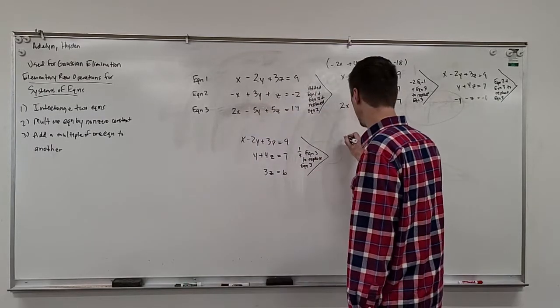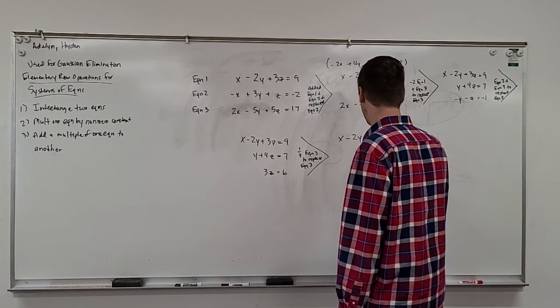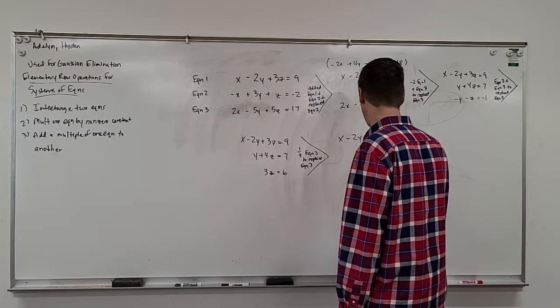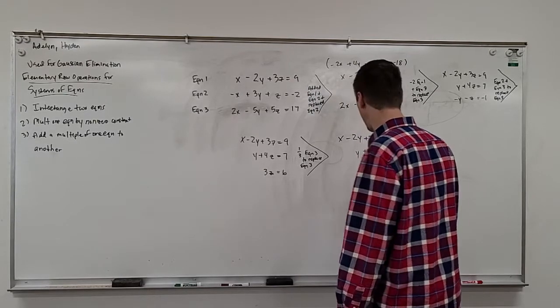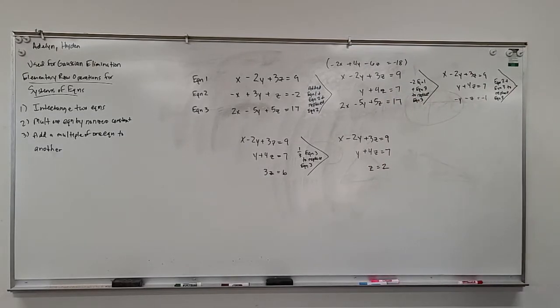So our new version is x minus 2y plus 3z equals 9, y plus 4z equals 7, and when we multiply through by 1/3, we get z equals 2 as our last equation. So now we have row echelon form. We've got a nice stair-step pattern, and a 1 is the leading coefficient on all the starting variables. Now we're ready to do the back substitution and solve this one.